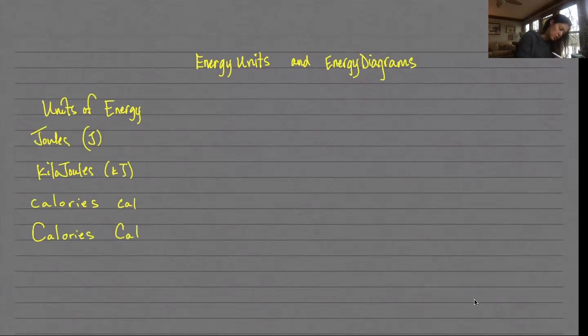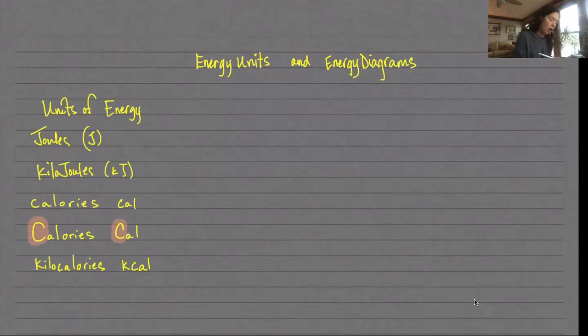You see the difference? One has the capital C and one does not, okay? You've also got kilocalories. All right, so I don't want you to get confused. All of those units are energy units. They are referencing measurements of energy.